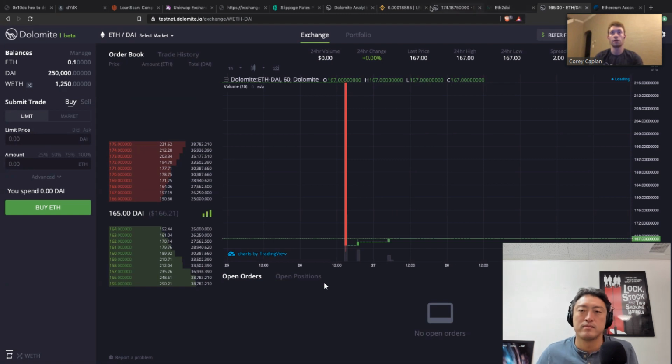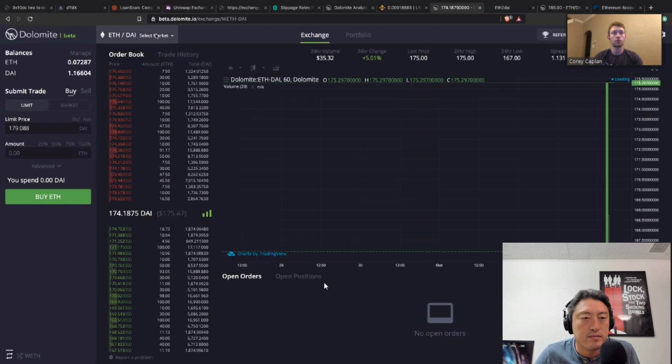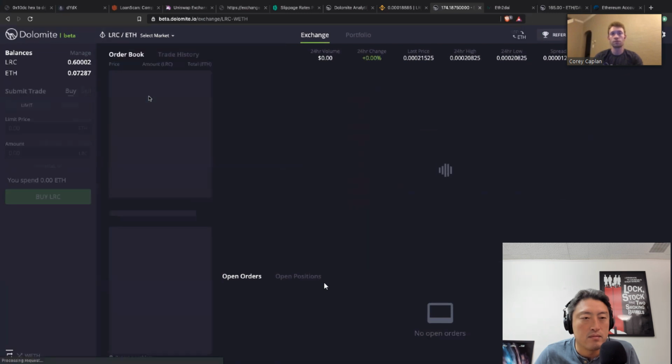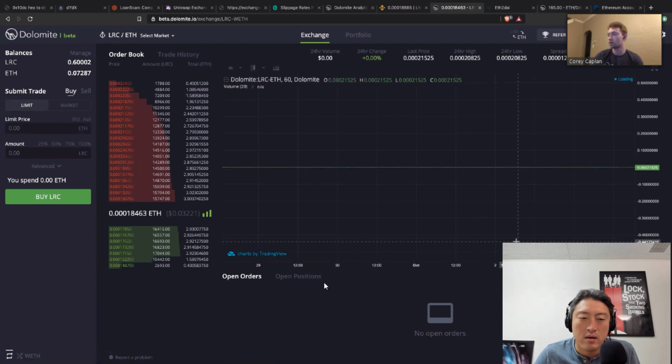Okay, awesome. Can you see my web browser right now? Yes, it's showing the web browser. Okay, perfect. So this trading pair that you see right here, LRC-ETH, is the pair that we're running Hummingbot on right now with this strategy.